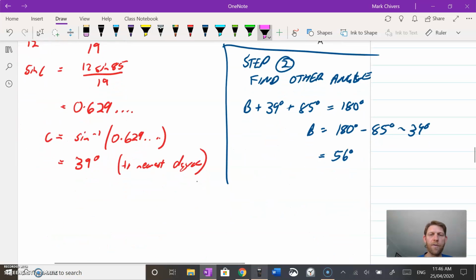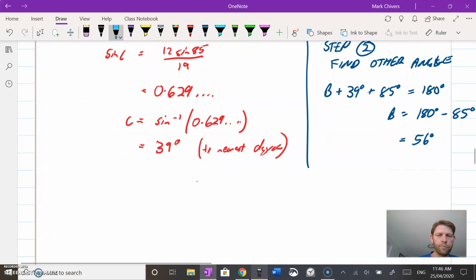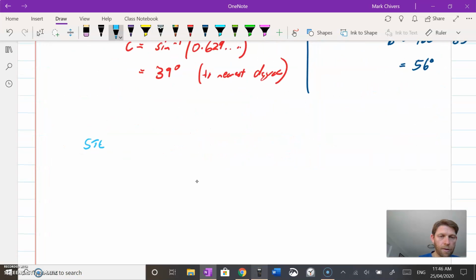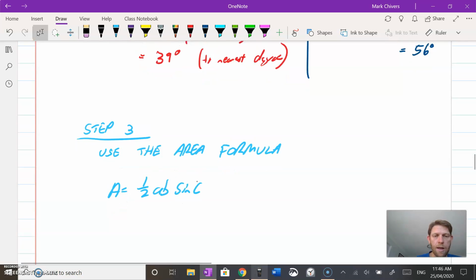So now I can finally do step 3, which is to use the formula. So that is the area equals half AB sine C.